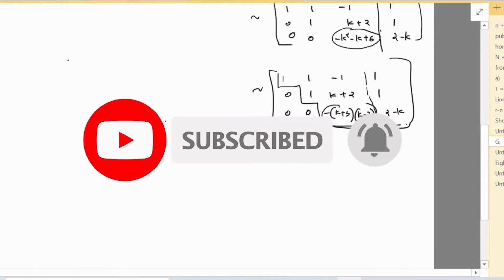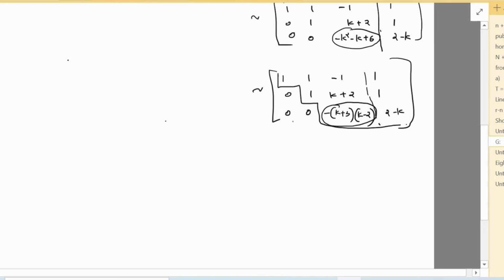The third leading coefficient is minus (k plus 3)(k minus 2), and this will become 0 when k equals minus 3 or k equals 2.